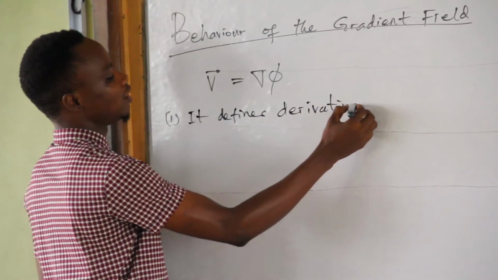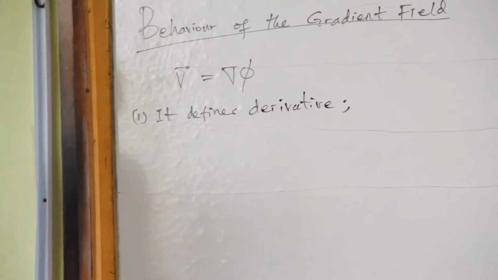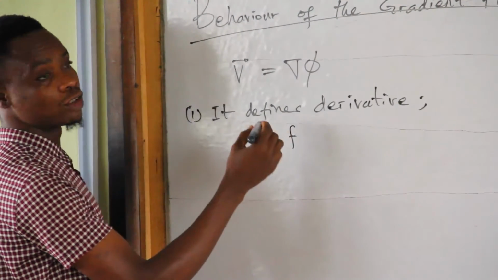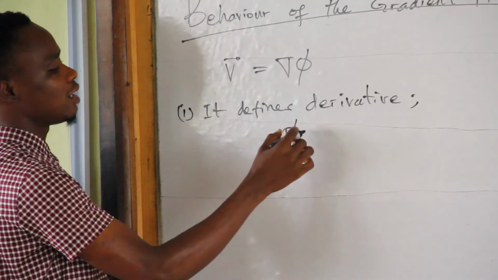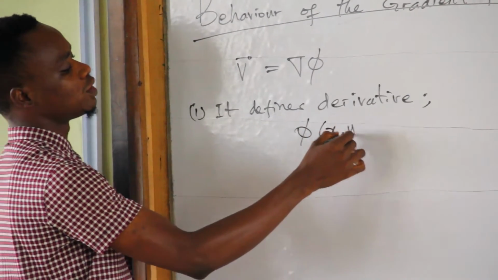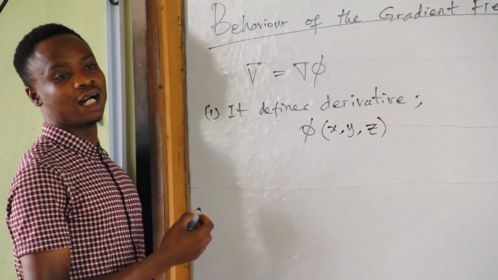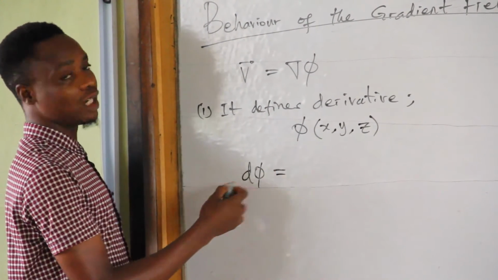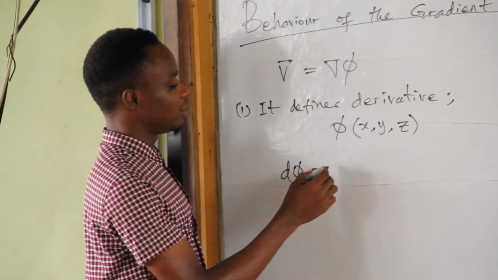Okay? So what do we mean by directional derivative? From our work last semester on partial derivatives, you remember that if you have some function f, or in this case let's use phi, which depends on x, y, and z, the total differential of phi, can you remember it?